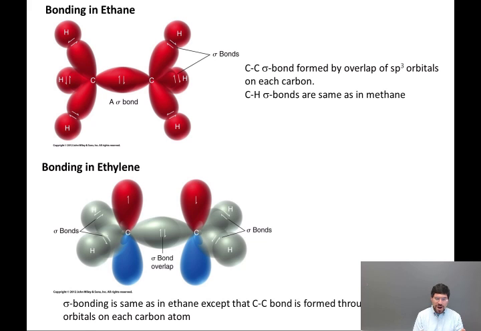The carbon-carbon bond is formed through the overlap of sp2 orbitals, and the 4 carbon-hydrogen bonds are formed through the overlap between an sp2 orbital and the s orbital on hydrogen. What is left behind is a p orbital on each carbon atom, and as we're going to see, those p orbitals can overlap with each other to form what's called a pi bond.